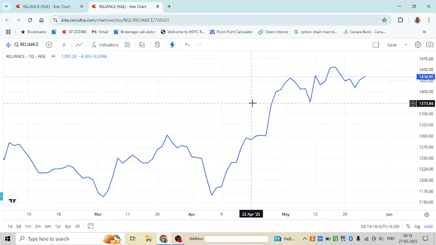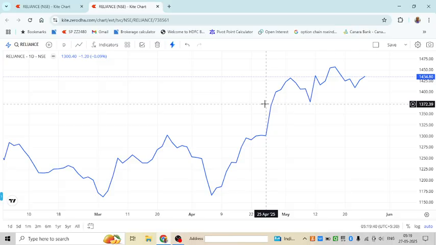1300.00. Nowadays the software is already available on the computer. So how the computer gets us the line chart: first day's close, second day's close, third day's close, fourth day's close, fifth day's close, like this.